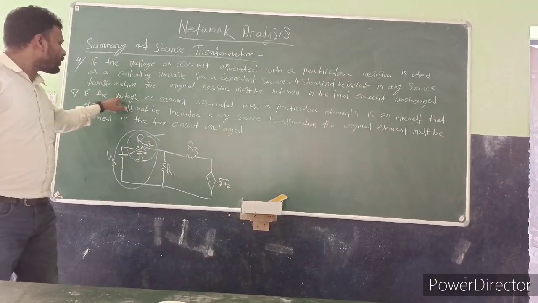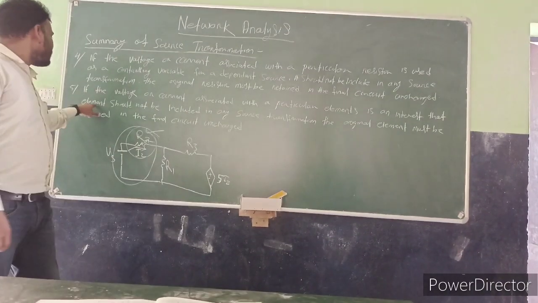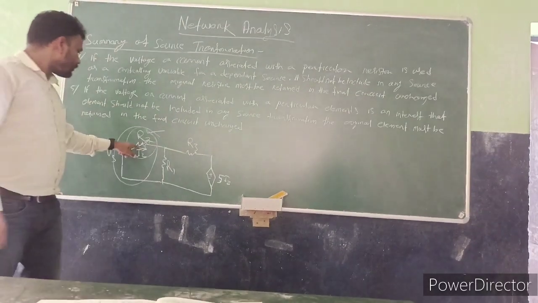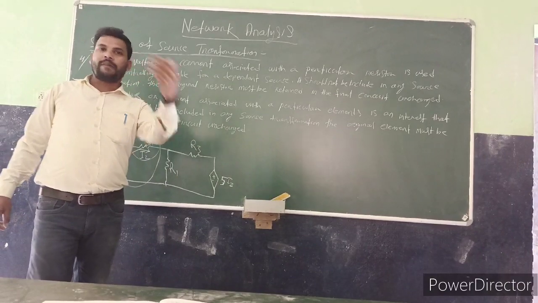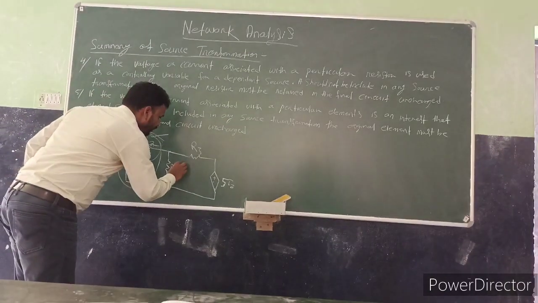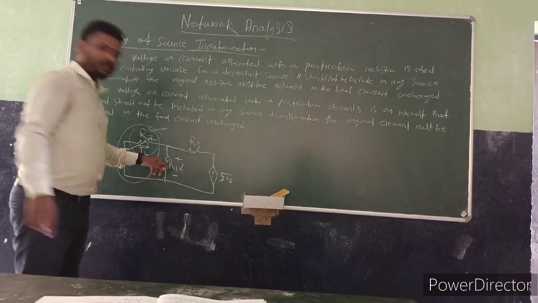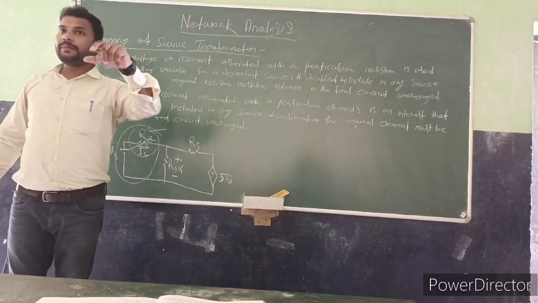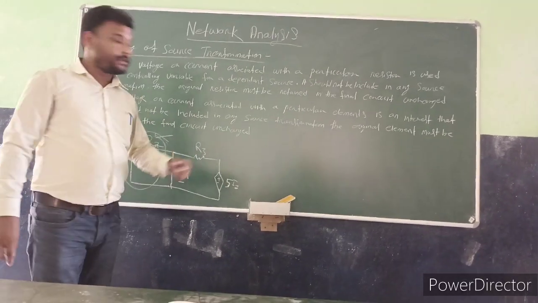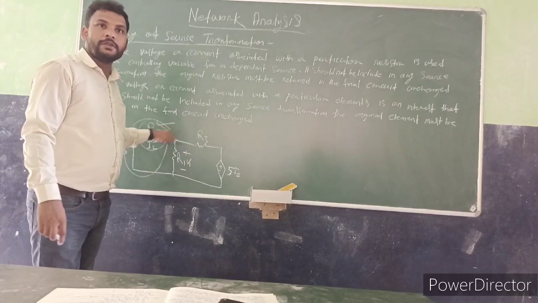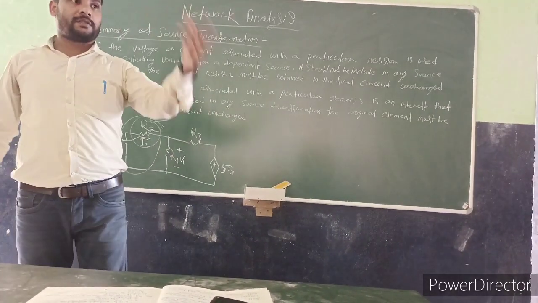Another case is where the voltage or current associated with a particular element is asked. If in some question we are asked to find the voltage across R1, V1, we should not use R1 in our source transformation.